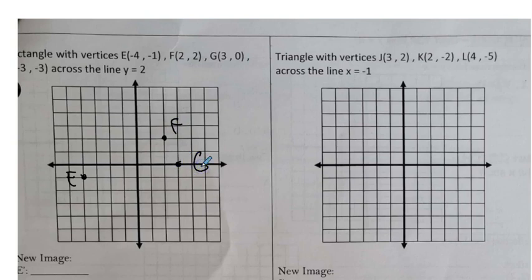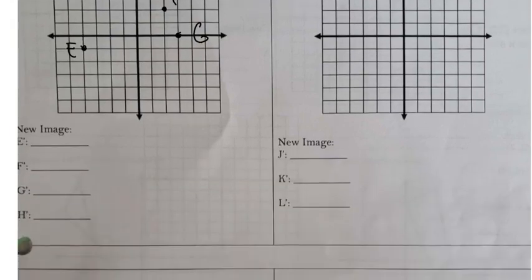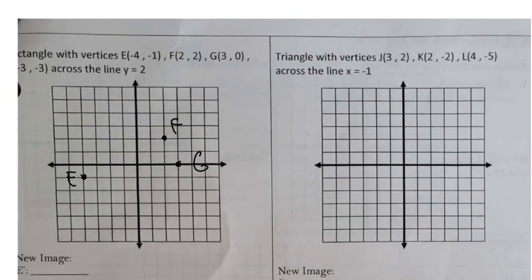And -3, -3 for H. Yep. So H at -3, 1, 2, 3, 1, 2, 3. Here's my rectangle. And we're going to do it across y = 2.